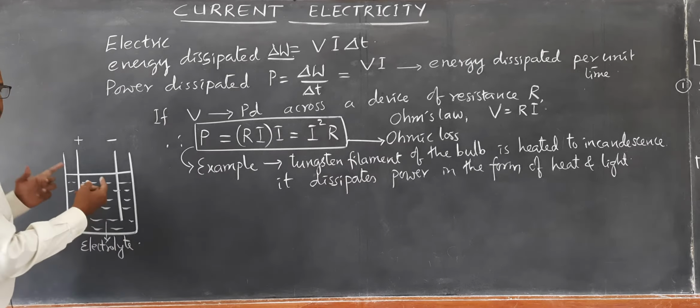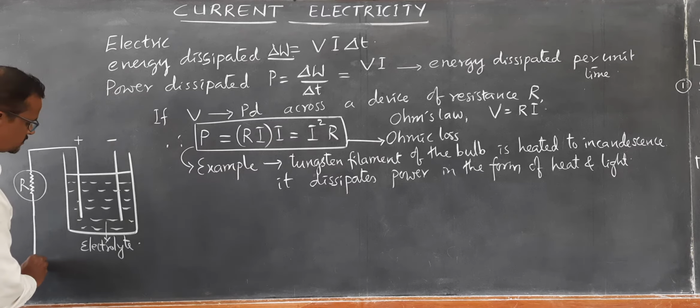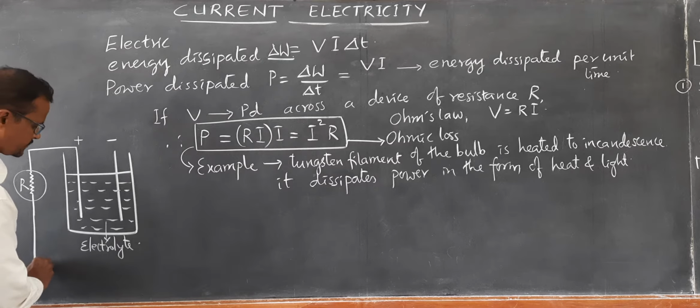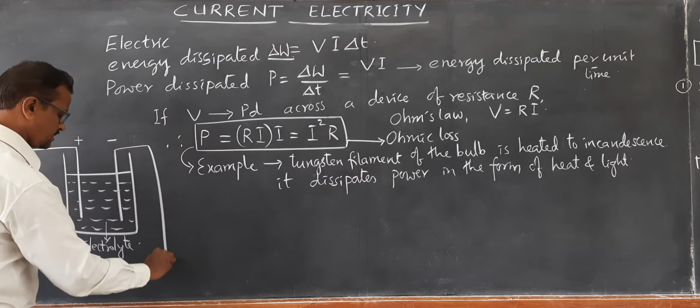That is why it is called an electrolytic cell, and this is the bulb to be glown, of resistance R. I am just showing it symbolically. This bulb of some resistance R is connected to the positive electrode of the cell, and the negative electrode is connected to the other end.